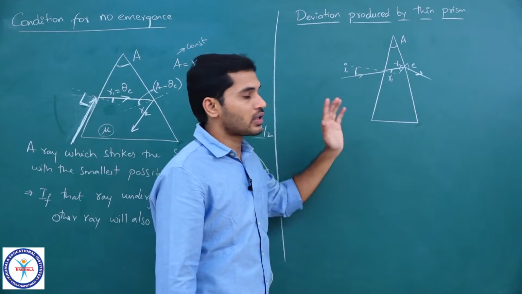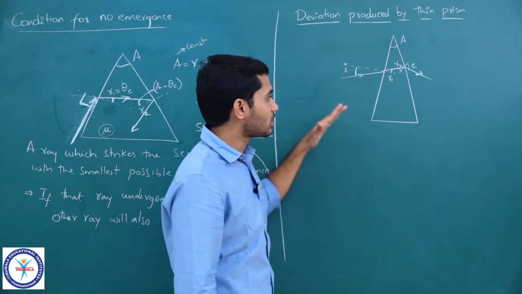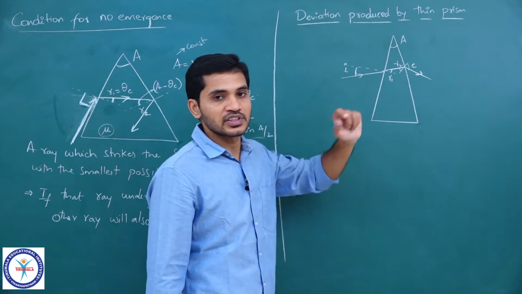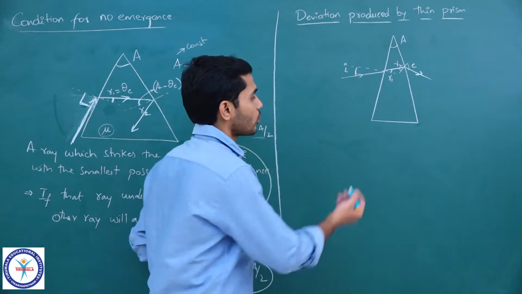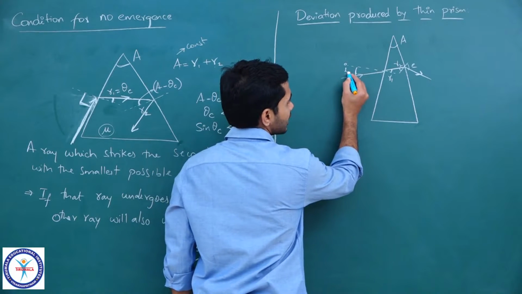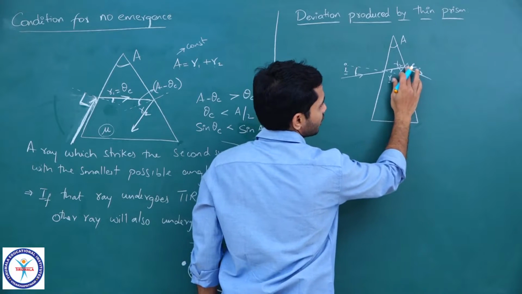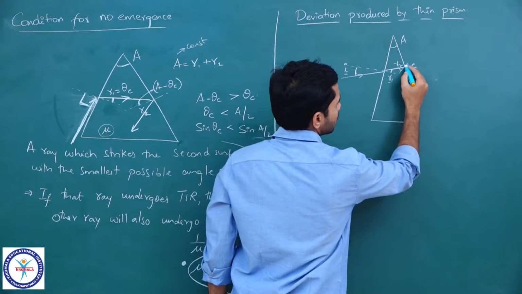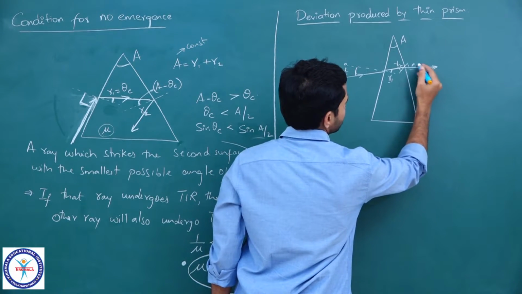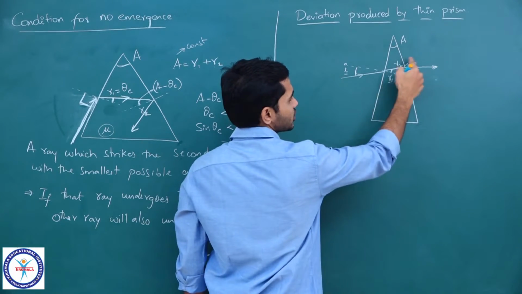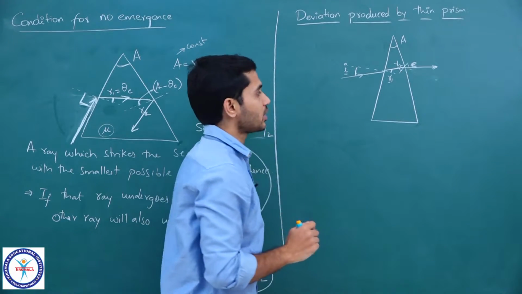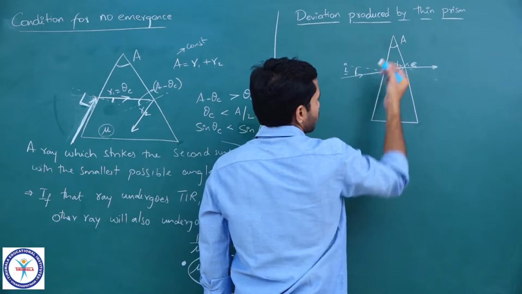So, the condition which I am writing here is for a very, very small angle of incidence. Keeping in mind that I, R1, R2, E, although I have represented E to be a larger value, consider that E is also smaller. So, all these would be very small angles, keep that in mind. A is also small.